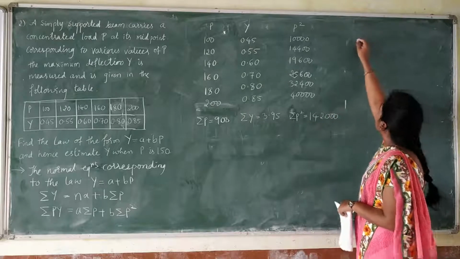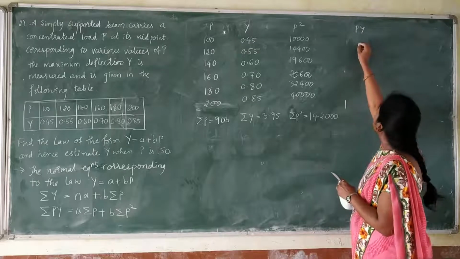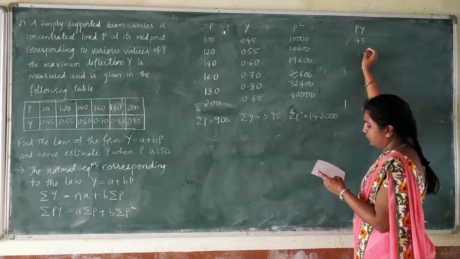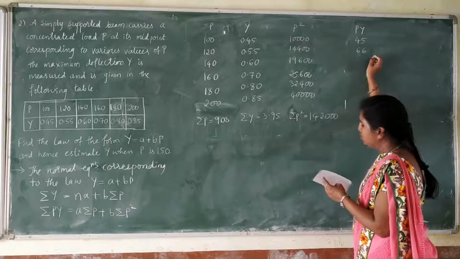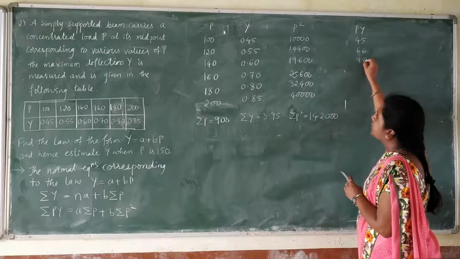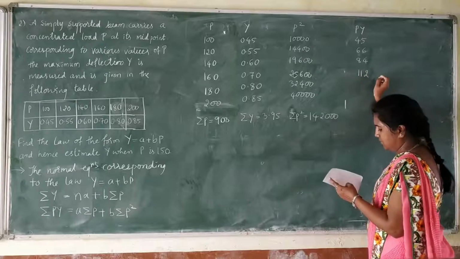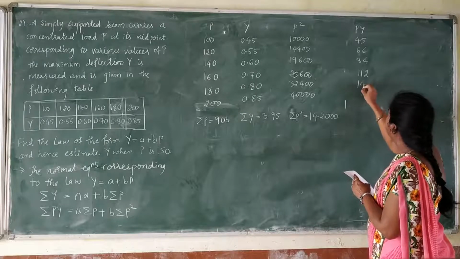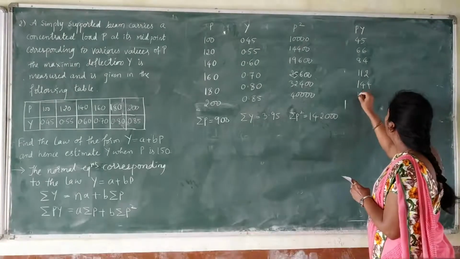Next we need PY. 100 into 0.45 is 45. 120 into 0.55 is 66. 140 into 0.6 is 84. 160 into 0.7 is 112. 180 into 0.8 is 144. 200 into 0.85 is 170.